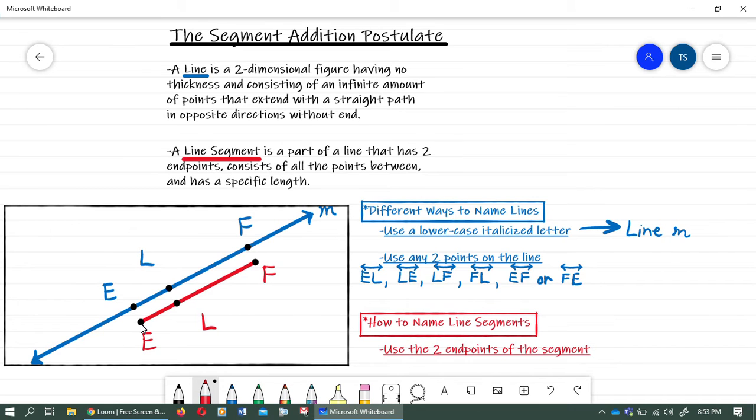There's a line segment with the 2 endpoints E and L. Sorry, this one line segment from E to L. The next longest line segment has the 2 endpoints L and F. And then, guys, the longest line segment that you see there in red is from the endpoint E to F. Guys, I'm going to use the longest line segment there with the 2 endpoints E and F.